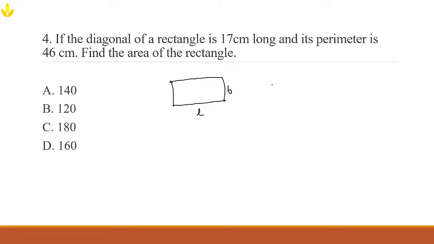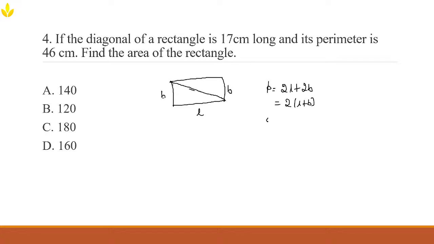So for the perimeter, what will be the formula? It is nothing but 2L plus 2B, that is 2 of length plus breadth. And for the diagonal, here we can observe that there is a formation of a right angle triangle.